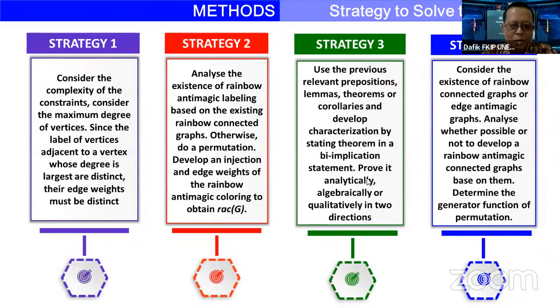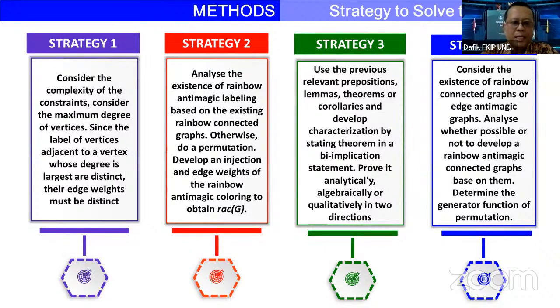So when we need to find the rainbow antimagic coloring, first we should establish the rainbow coloring itself, because the sharpest lower bound is a combination of the maximum degree and the rainbow connection number itself. So the lower bound is the maximum of those numbers.